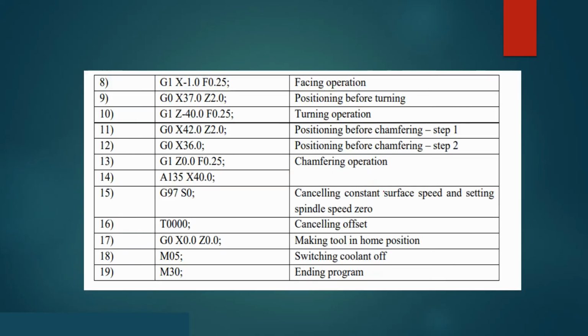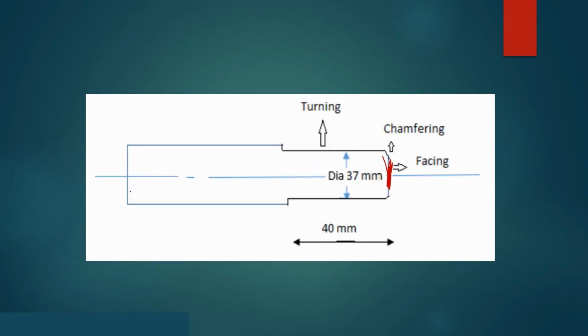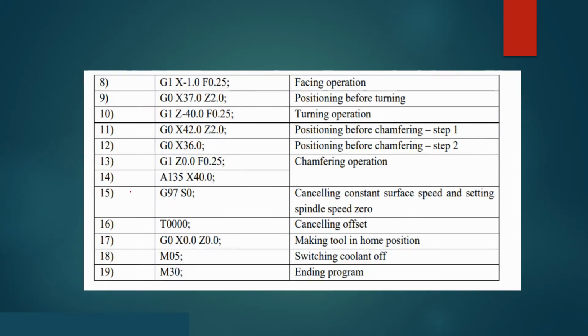Okay. Then the next one, G1 X minus 1.0 F0.25. Sir, what is the minus 1.0? That means it has to come down up to here. If it comes below, then when it is rotating, it will cover the full face. This is the reason X is given so that it comes down a little lesser than the reference point 0.0.